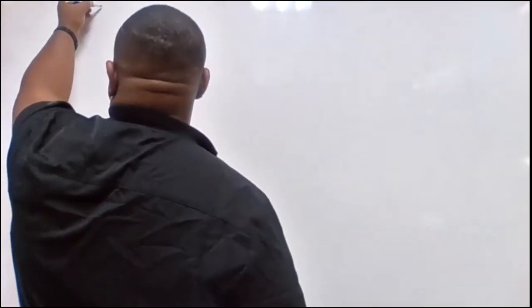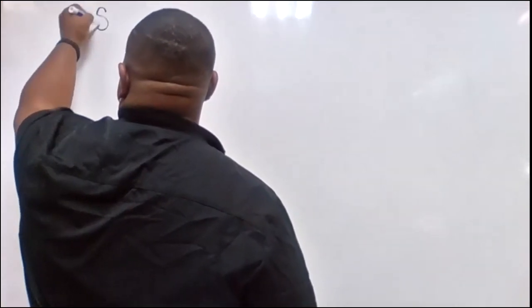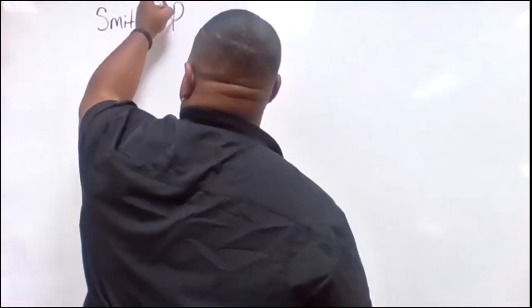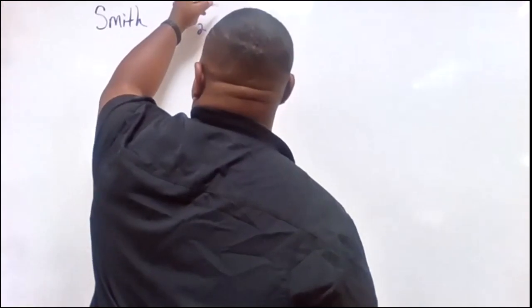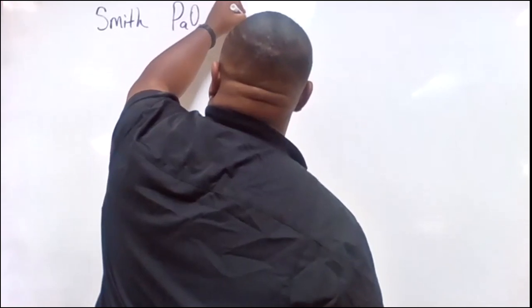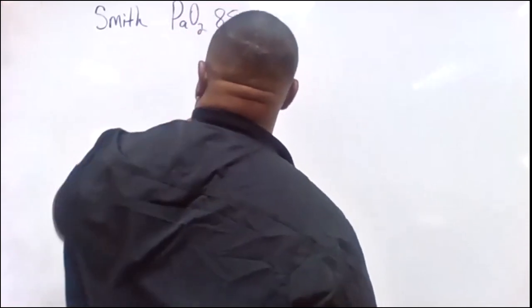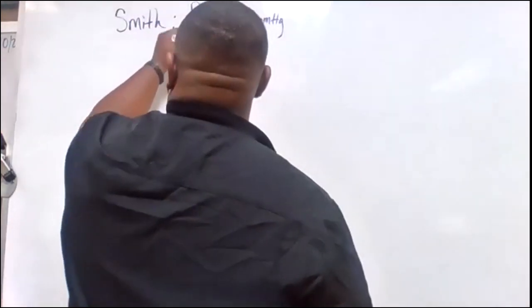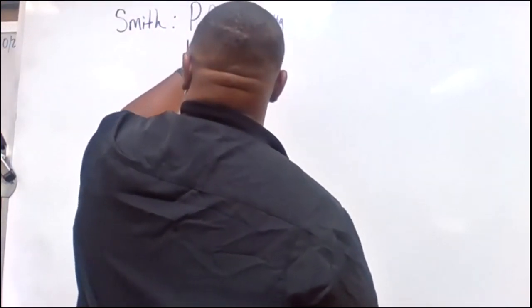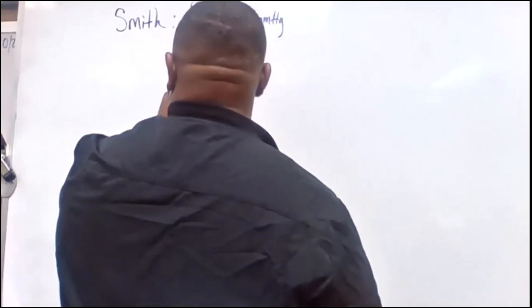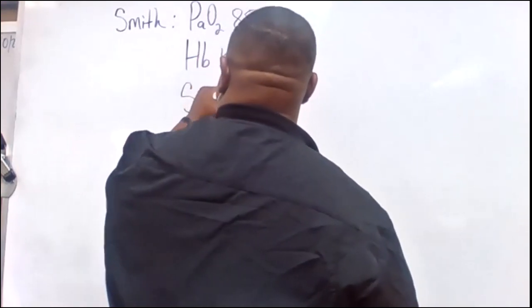All right. So for instance, let's just say Mr. Smith has a P little a O2 of 85 millimeters of mercury, that's the pressure, right? And he also has a hemoglobin of 15 grams. His SAT is 96%.